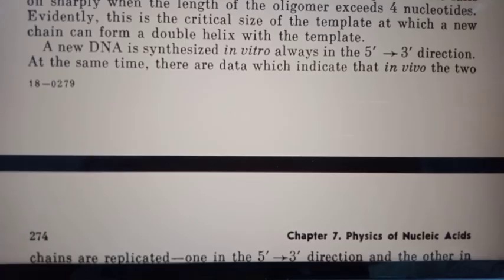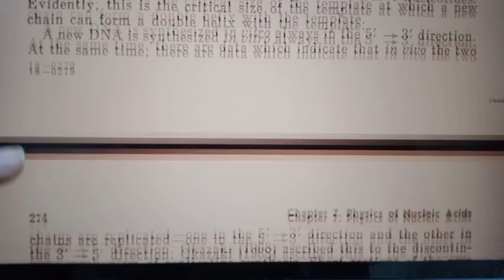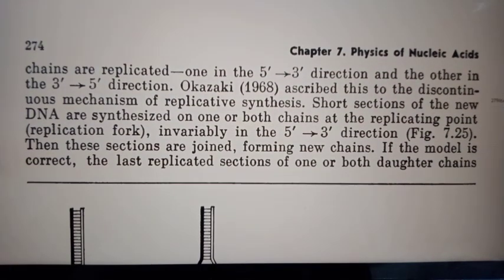A new DNA is synthesized in vitro always in the 5' to 3' direction. At the same time, there are data which indicate that in vivo the two chains are replicated, one in the 5' to 3' direction and the other in the 3' to 5' direction.